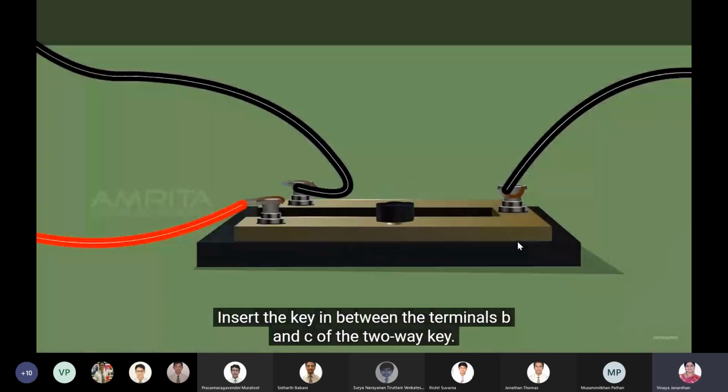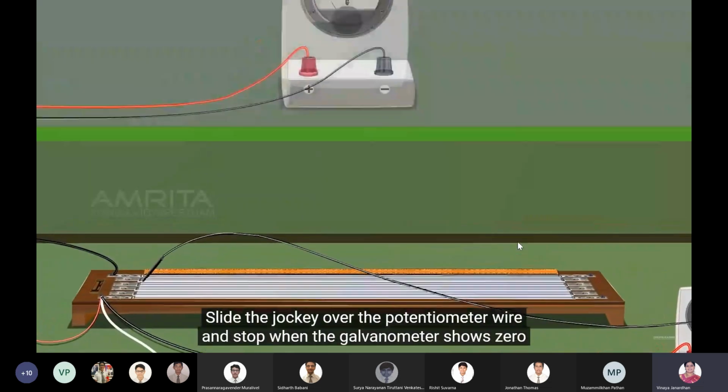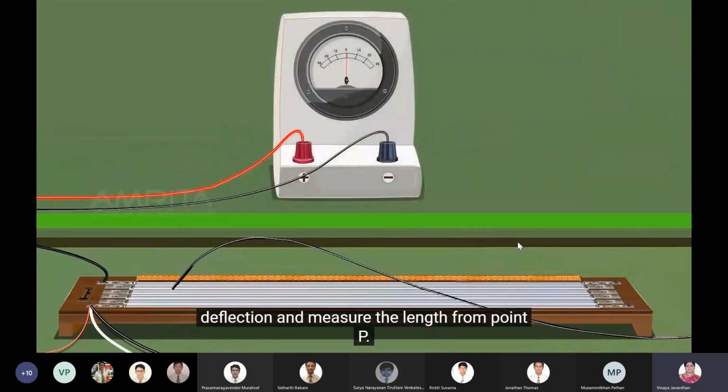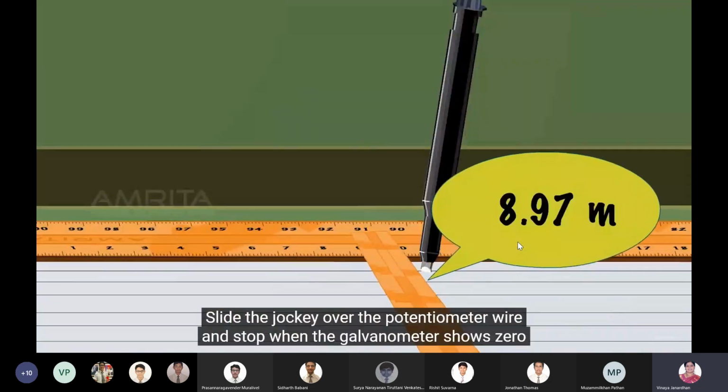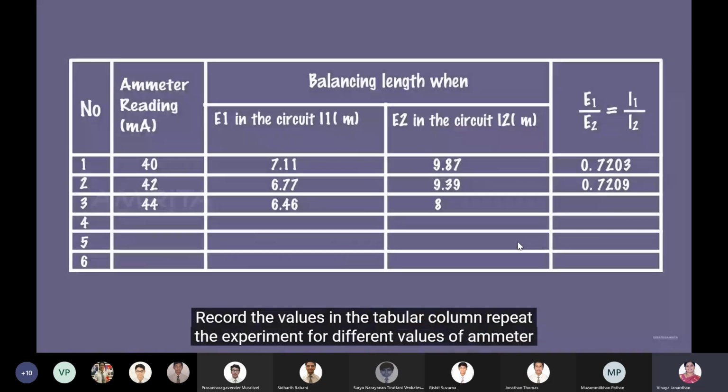Insert the key in between the terminals B and C, and again measure the length from point P. Record the values in the tabular column.